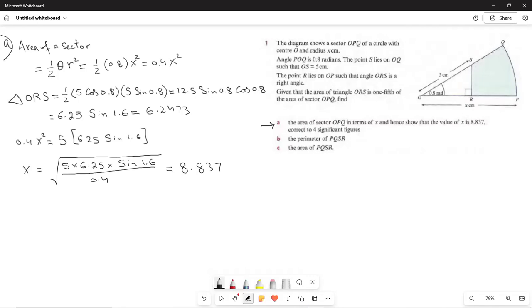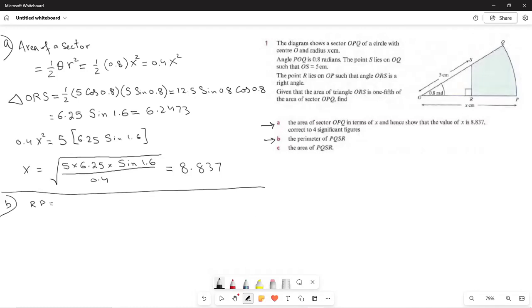Now, next, part B is that we need to find the perimeter of the shaded area PQSR. This is easy. I will start from, let's say, RP.